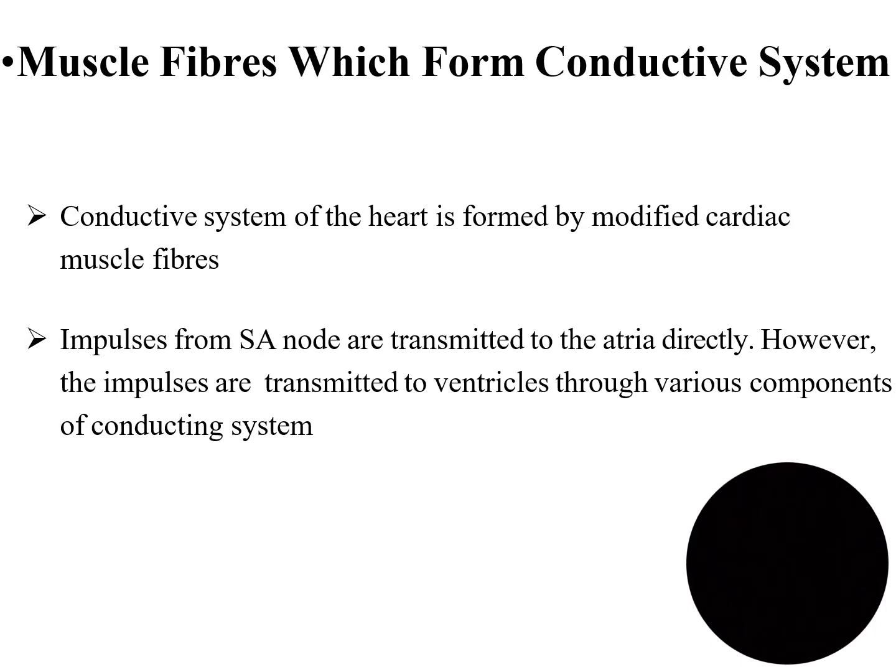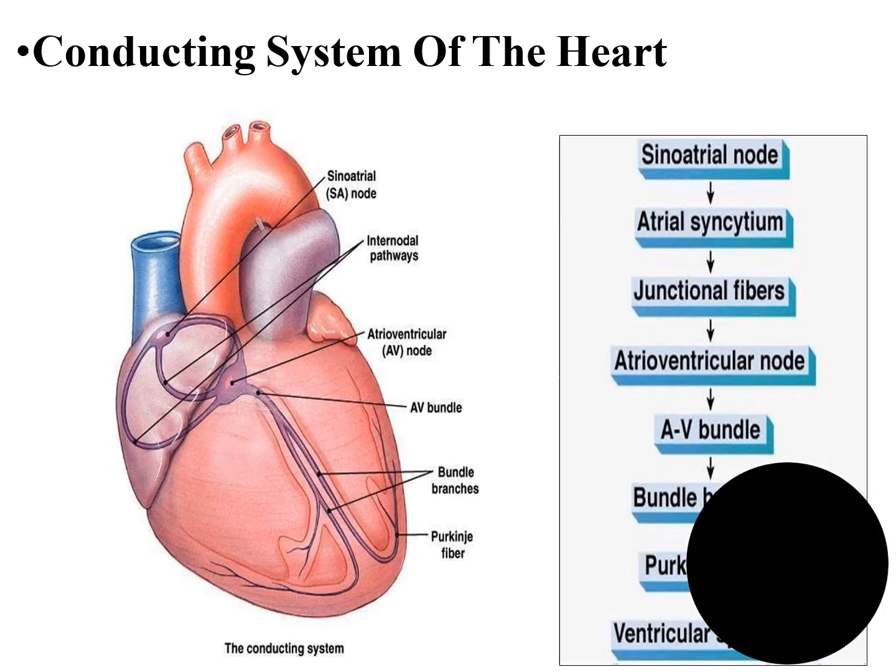So the muscle fibers which form the conductive system conduct information from one fiber to the next through this SA node. It transmits to the atria directly. However, the impulses are transmitted to the ventricles through various components of the conductive system.